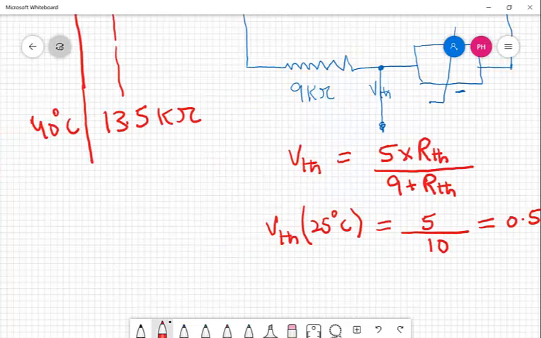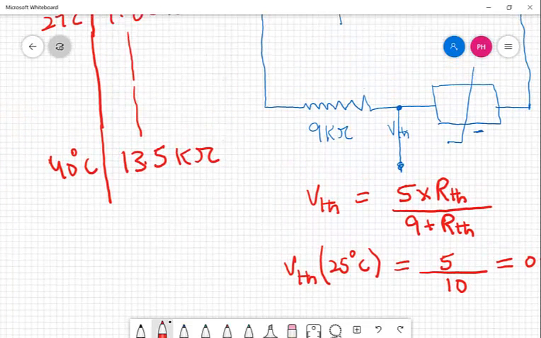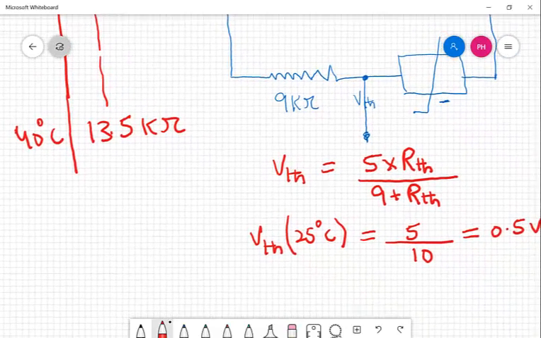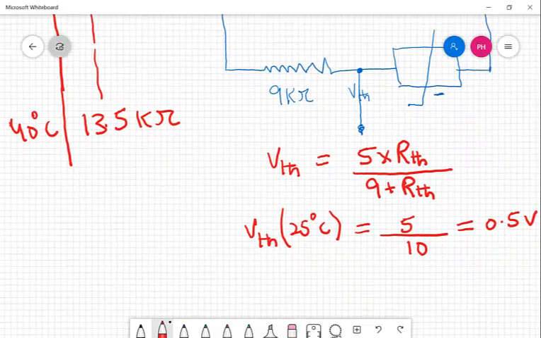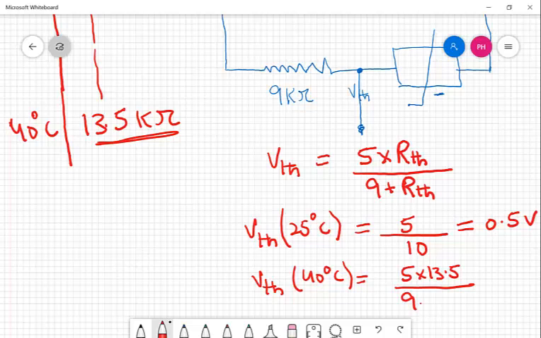And we have also assumed that at some point, maybe at 40 degrees Celsius, VTH will be 5 times RTH, that is 13.5 kilo ohms, divided by 9 plus 13.5.